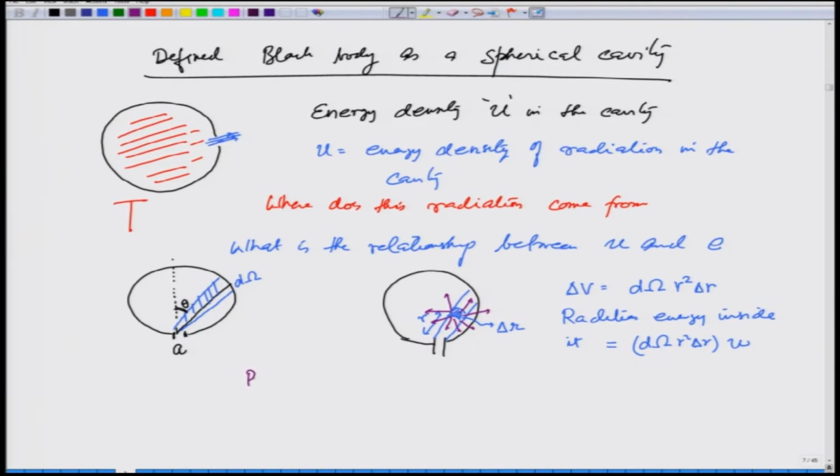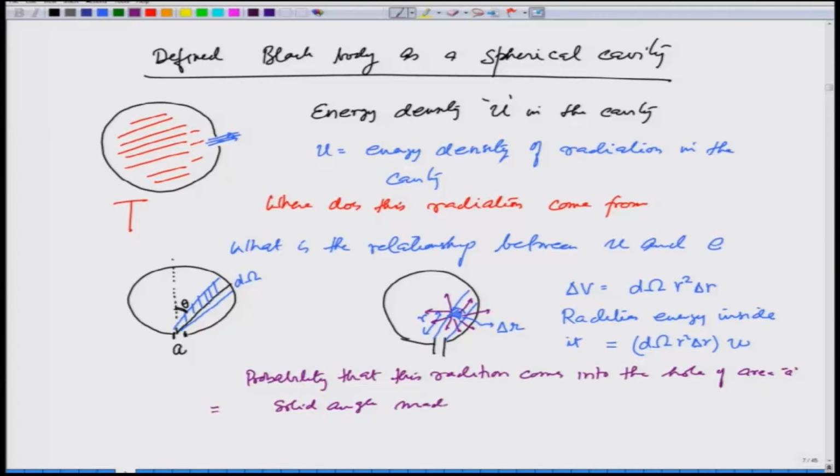So, the probability that this radiation comes into the whole of area A is going to be equal to the solid angle made by A on points in volume delta V divided by 4 pi, because 4 pi is the solid angle into which all this radiation is going.